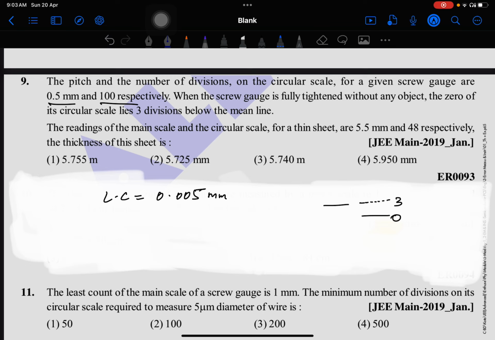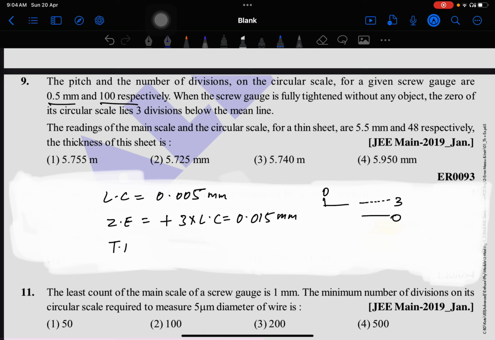Is this a positive or negative zero error? It is showing an exaggerated value, which means the zero error is positive. So it is plus 3 into LC, which is 0.015. This is your zero error. The readings of the main scale and circular scale are given, so now let's find the reading.